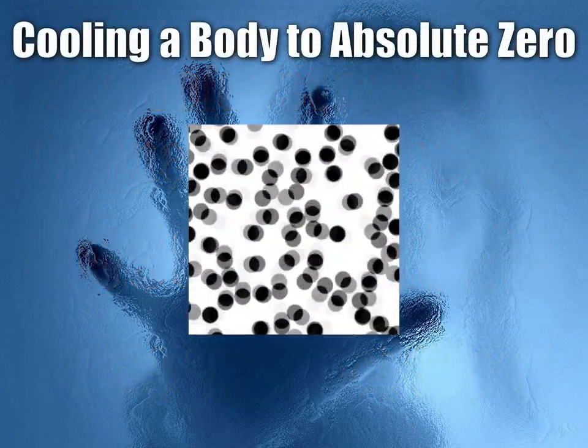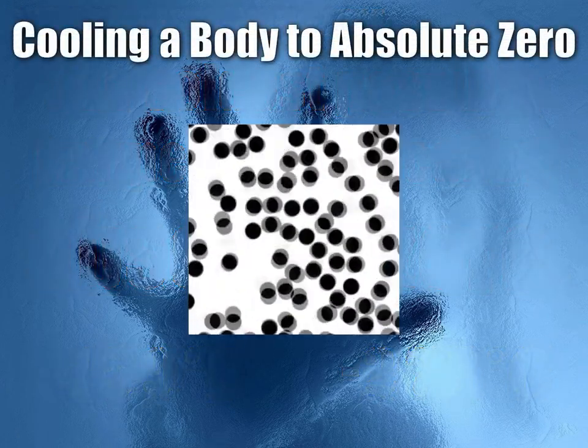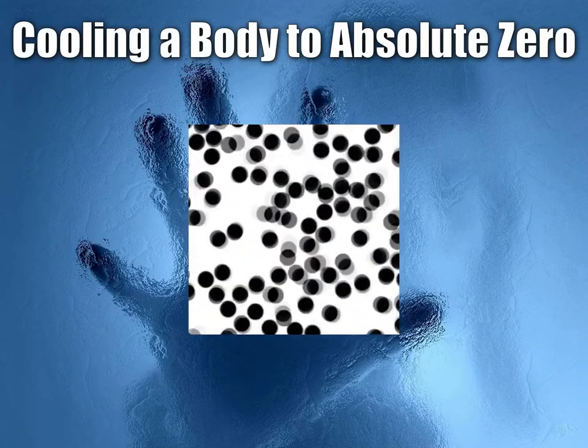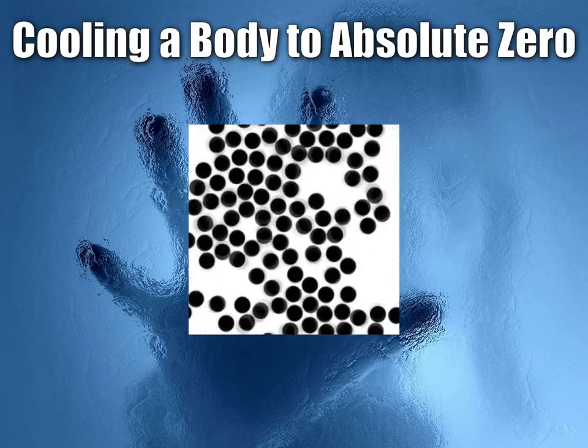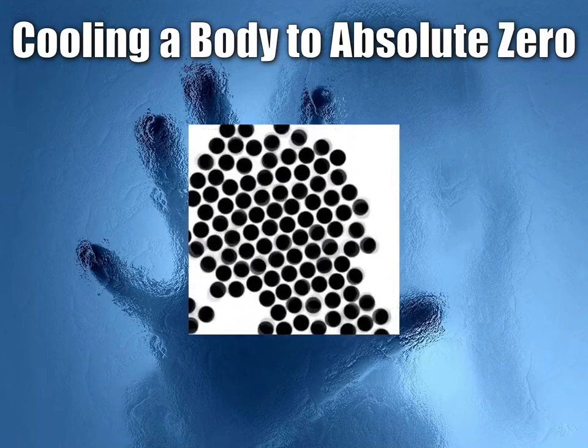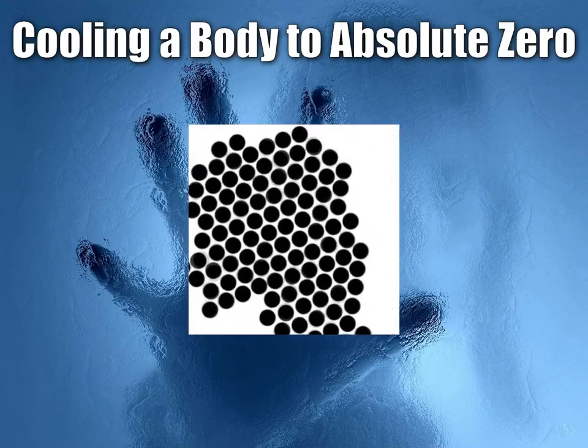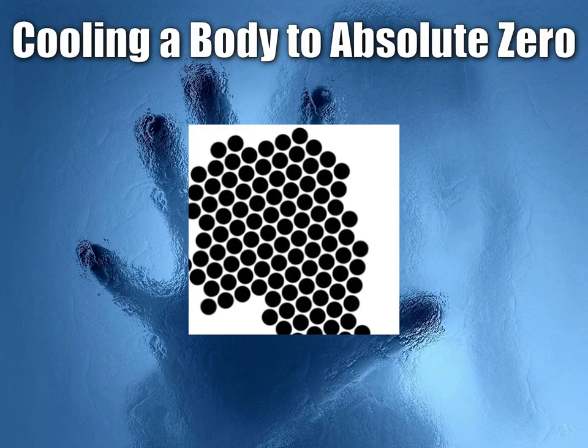Alright, so let's say that we have an object with a high temperature and we're going to slowly cool it down. We're going to cool it, we're going to remove energy, continually cool it, lower the temperature, lower it and lower it and lower it. Eventually what we see happening is the molecules get slower and slower, they clump together, and then finally they stop moving. At this point, we've reached absolute zero.